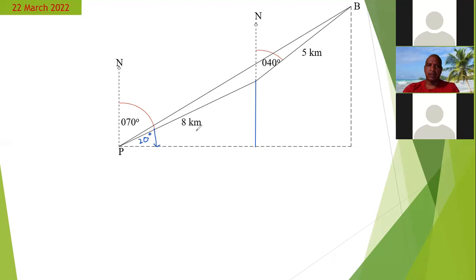So then we could use the sine rule. Well, not sine rule, but sine ratio. The sine ratio. Right. So we need to label these points. We can label these points. So in the interest of the labeling, let me just put that down there. All right.